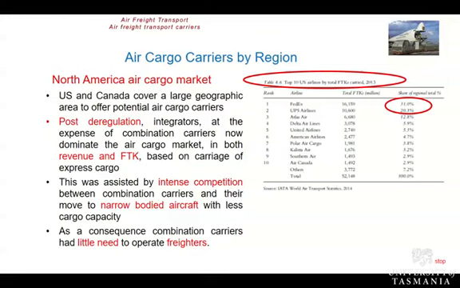And as a consequence of that, coming out the other end, you've got the three main passenger airlines in the United States. They don't have freighters, so they're no longer combination carriers. So we can see there Delta, United and American, three of the largest airlines in the world, but they're passenger airlines focusing on passenger rather than having freighters in their fleet.